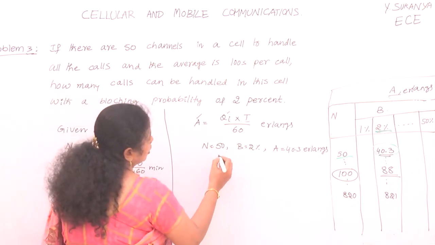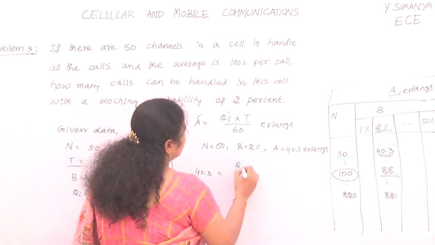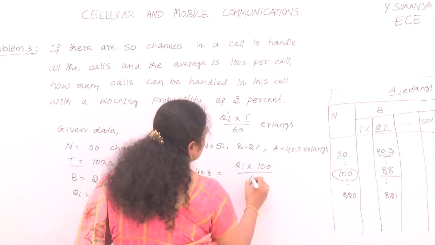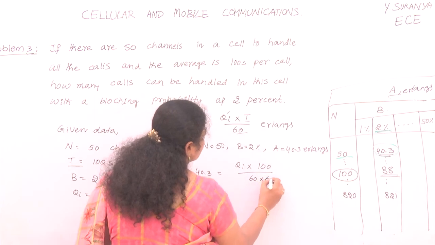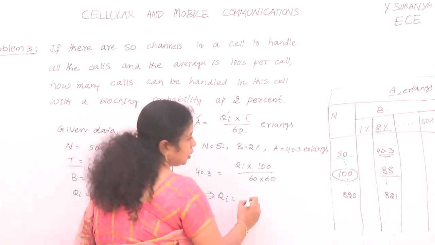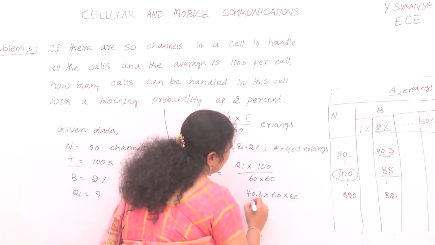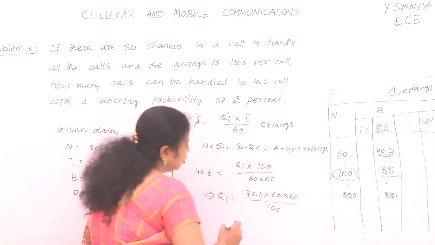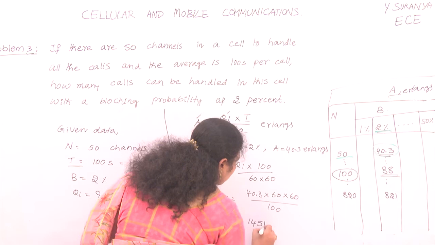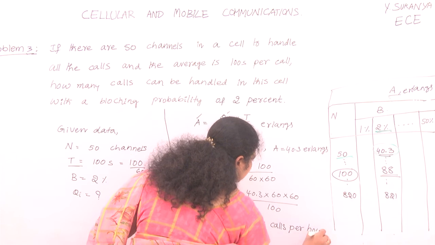By substitution, A, which is 40.3, equals Qi into T, where T is 100 by 60. From this, Qi can be written as 40.3 into 60 into 60 by 100. After simplification, its value is found to be 1451 calls per hour.